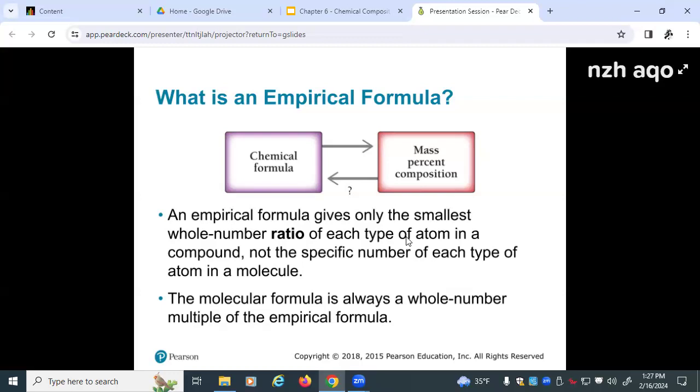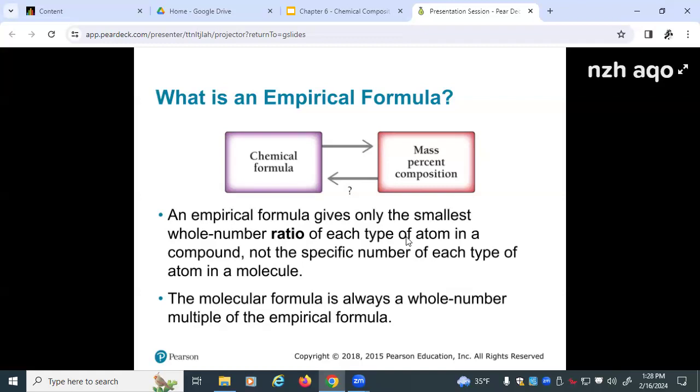Thus far, all that we've really talked about have been molecular formulas. When we describe the chemical formula of a substance, we're talking about the molecular formula of that substance usually. And so there are occasions where we have seen where it isn't a whole number simple ratio, but rather a multiple kind of ratio going on there. And that's how we can tell the difference.